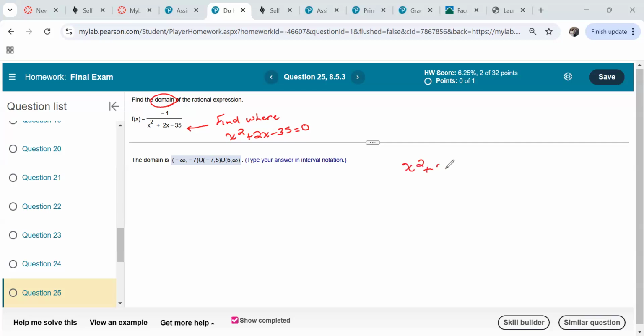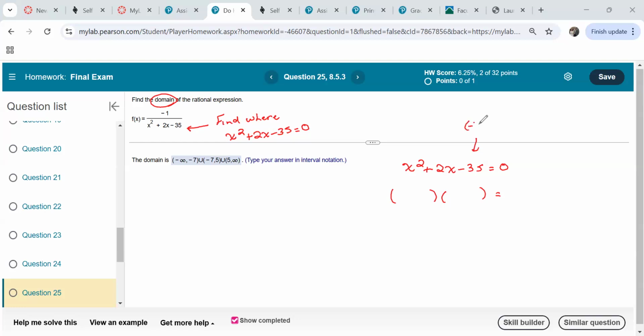So x squared plus 2x minus 35 equals 0. We're going to do factoring for this one. I need factors that give me negative 35 and add to 2. That would be 7 and 5.